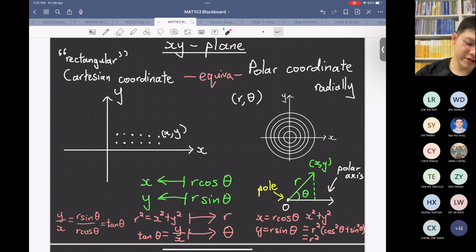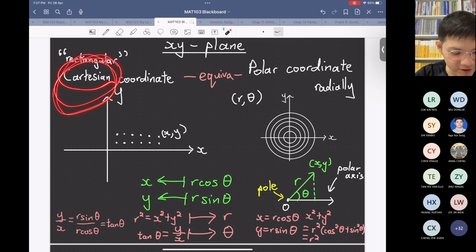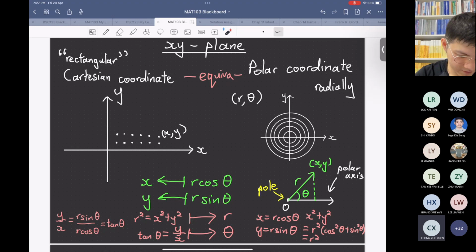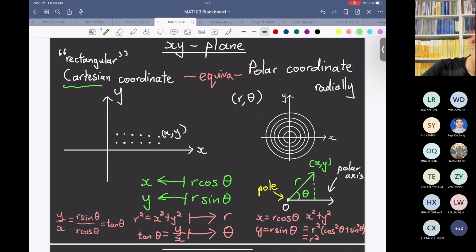A side question. Do you know where this name Cartesian comes from? Scientist. Okay. This name is coming from a French philosopher and mathematician called Rene Descartes.